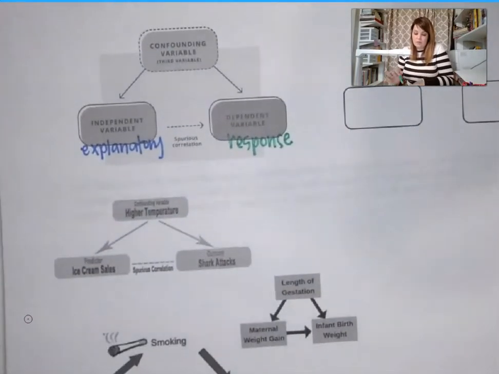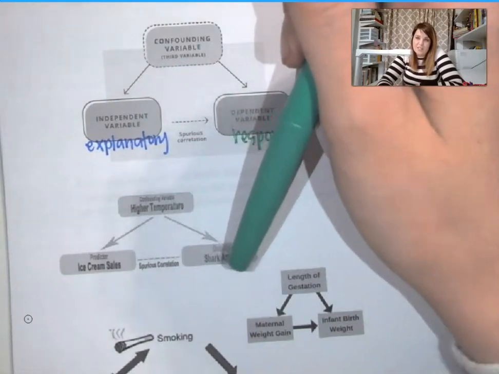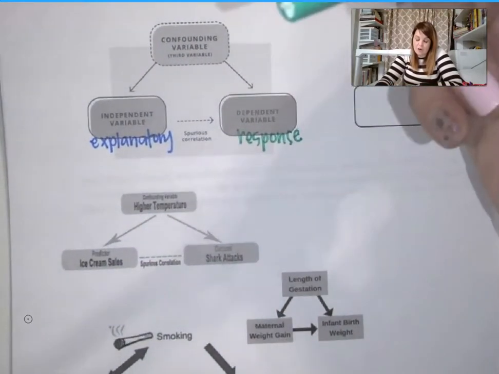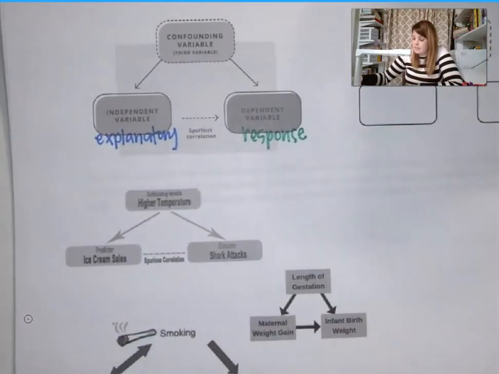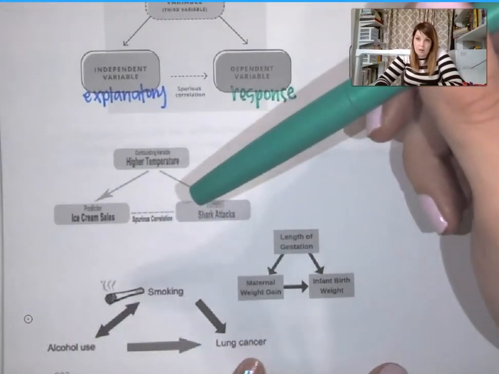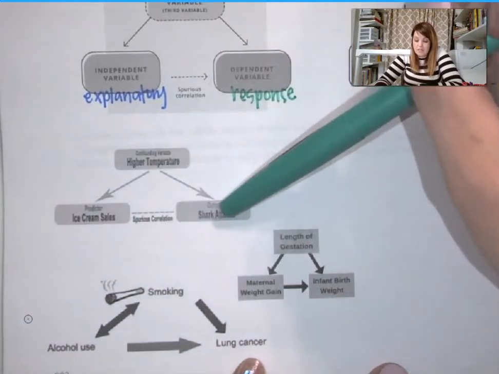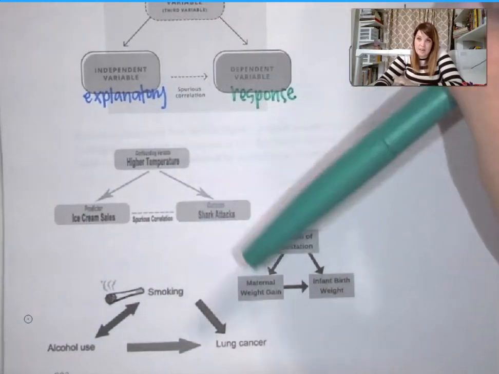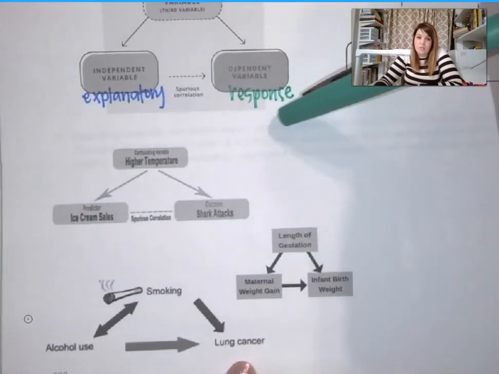So one of the more interesting ones, where I think it's obvious that there is not a causal relationship, is that if you do a scatter plot of the ice cream sales against the number of shark attacks in a certain area, you will see positive association.